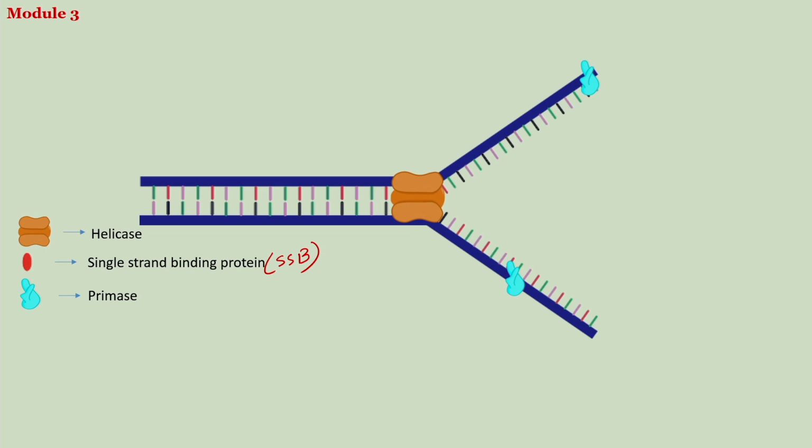And now you are ready to start the synthesis of the new complementary strands. But you need a base to start that, and that is where the primase comes in.